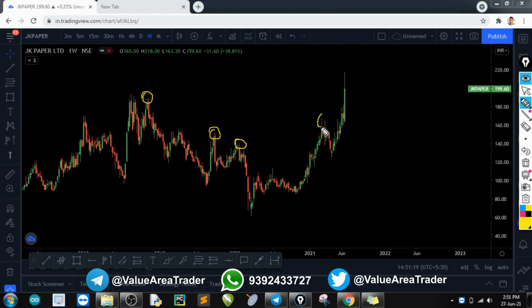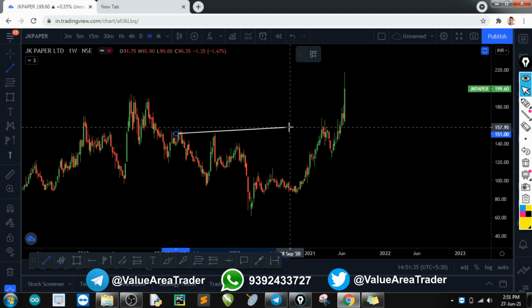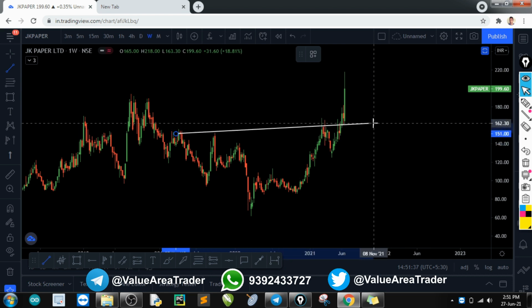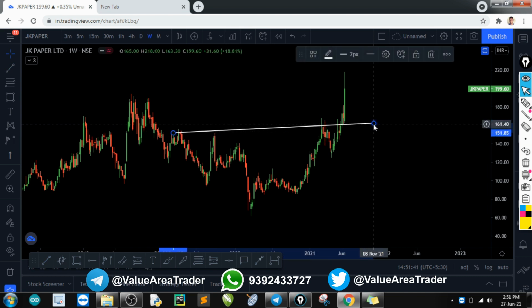Now at this point it is trying to make a higher high. So this might be a neckline point for me, and this also looks like a neckline point for me. So it is a very short head and shoulders pattern.